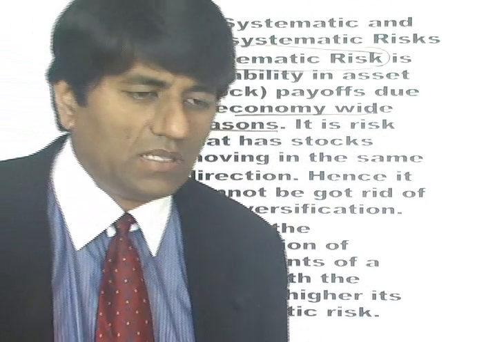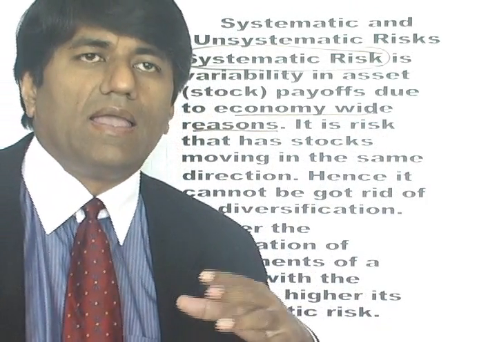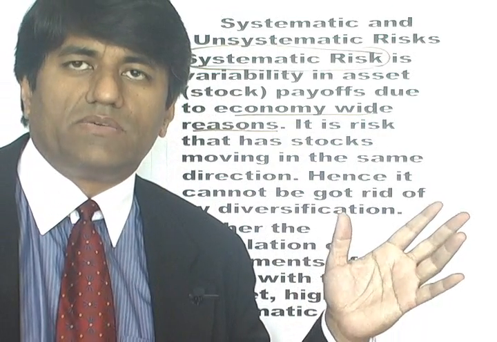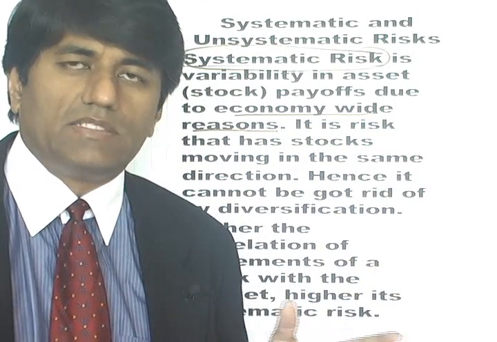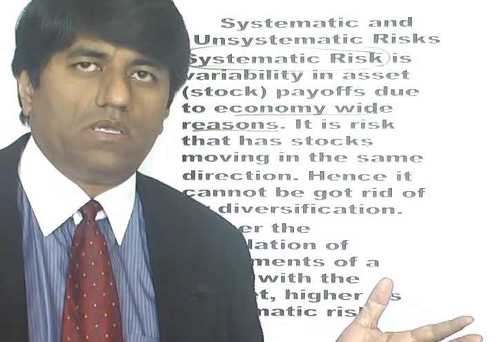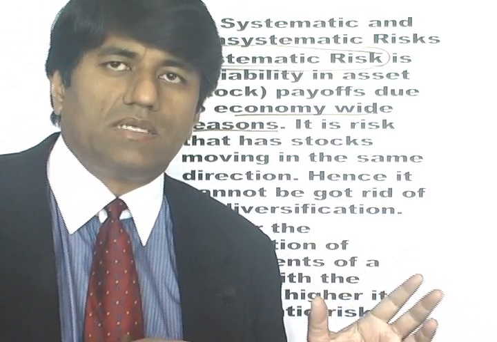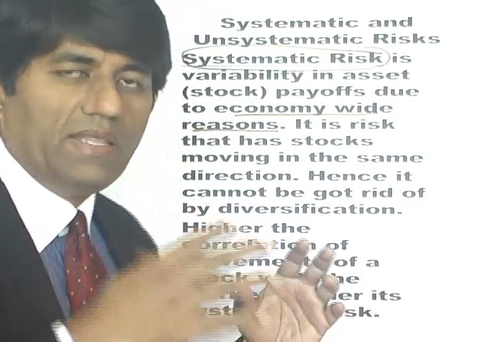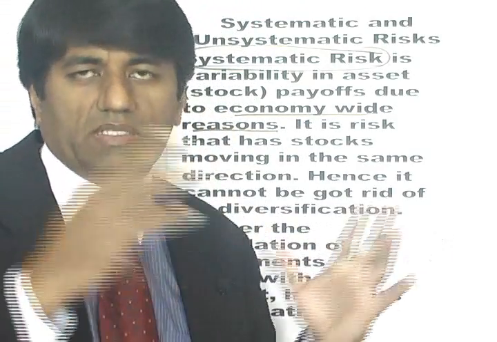For example, if the economy is in recession, that has a particular impact on a stock. And that impact leads to systematic risk. Now, when there's an economy-wide reason, it'll affect many stocks.